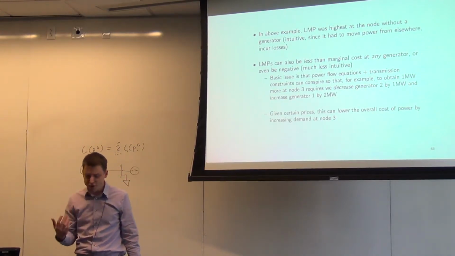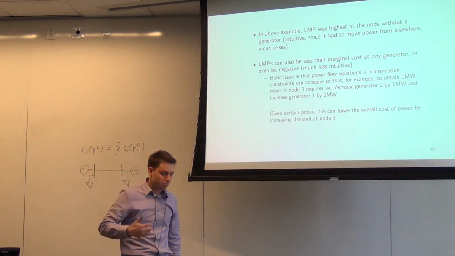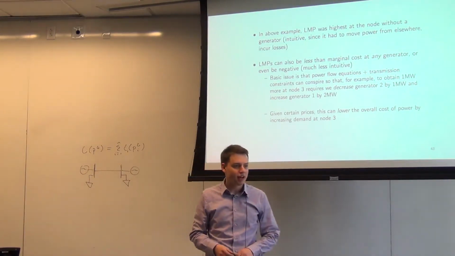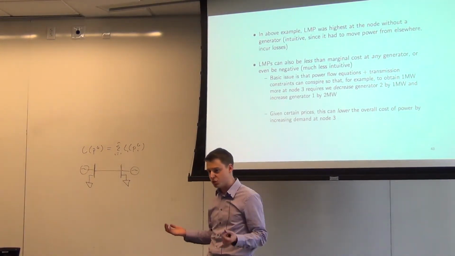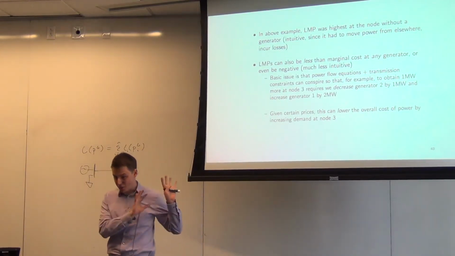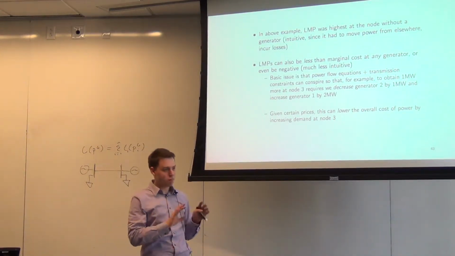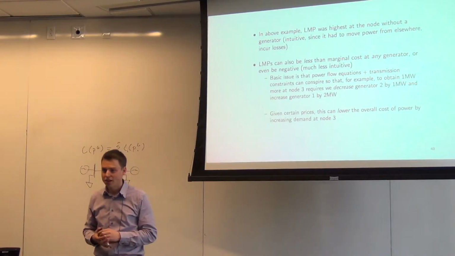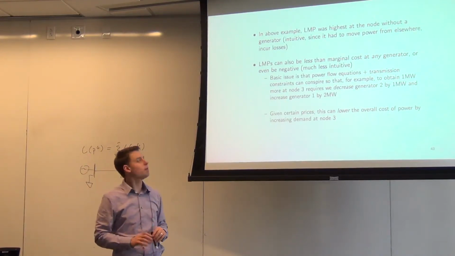That one is a very intuitive effect. There can actually be much more unintuitive behaviors here, including things like LMPs that are actually negative sometimes. So at some nodes in the network, it actually can be the case that, at least in terms of the market, you will be paid to consume energy. The intuition here is a little bit bizarre.